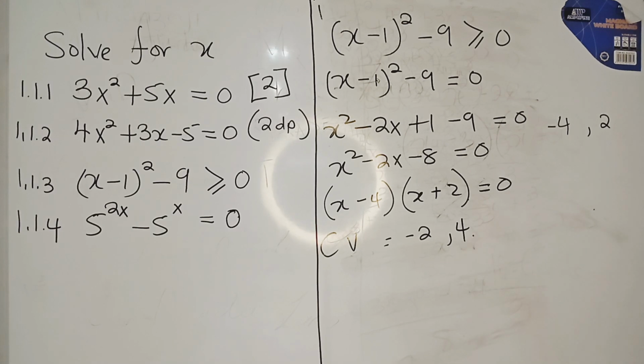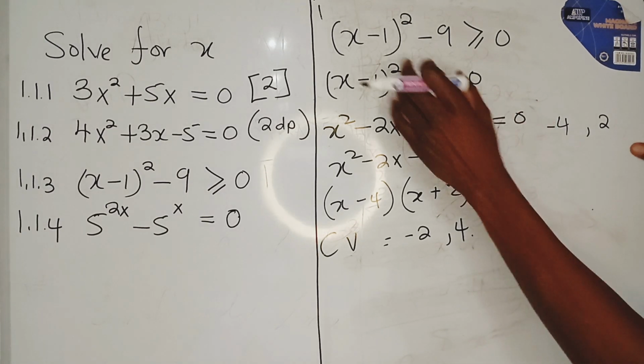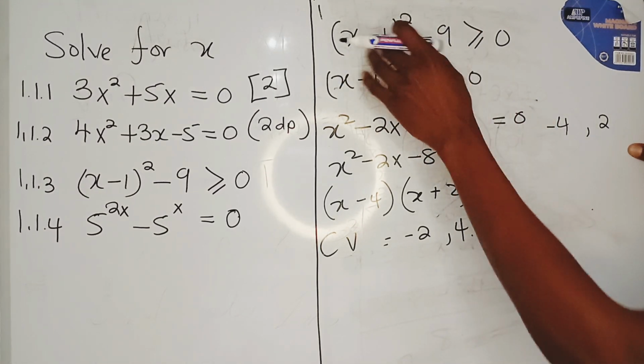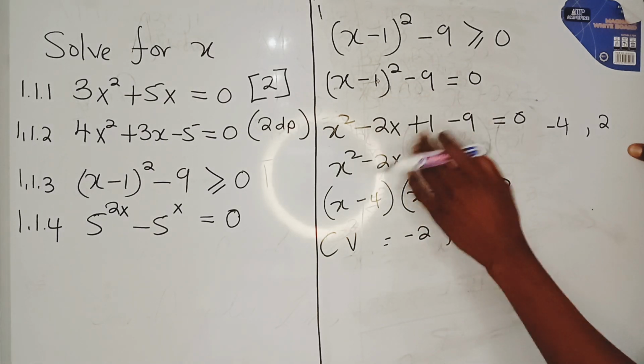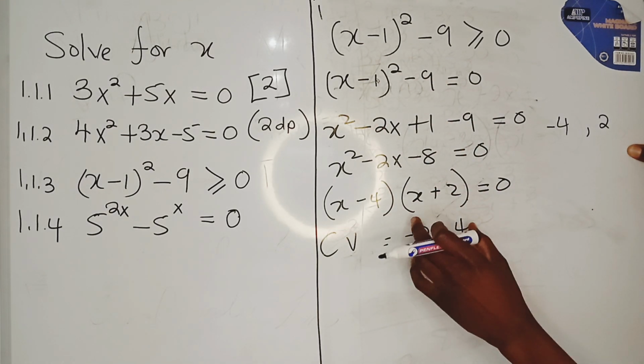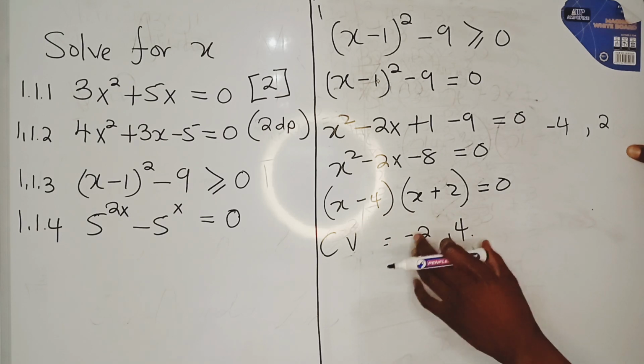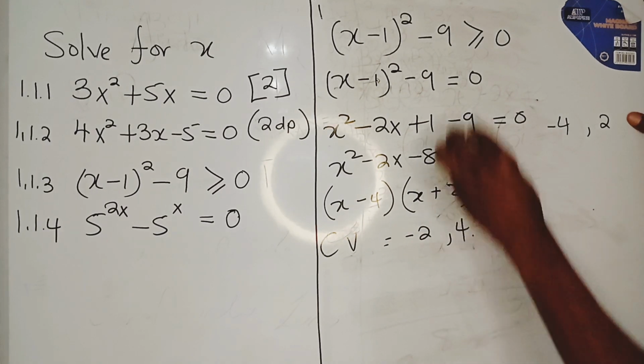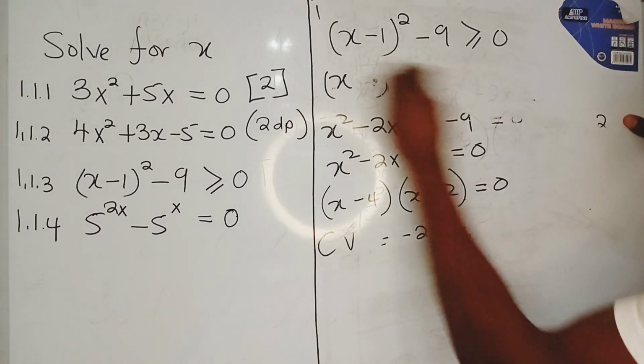So this is how you find critical values. You first treat your inequality as an equation and solve for x. When you solve for x, the roots that you find are your critical values. So let me wrap off here.